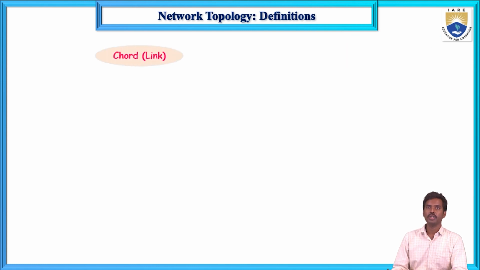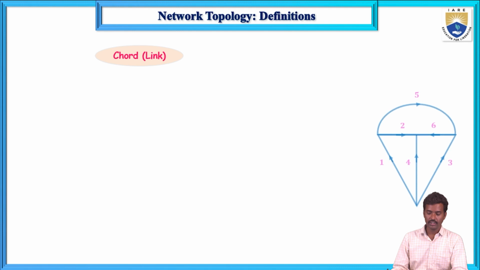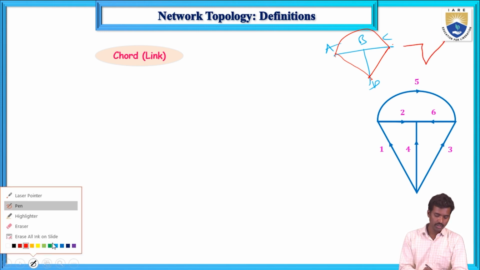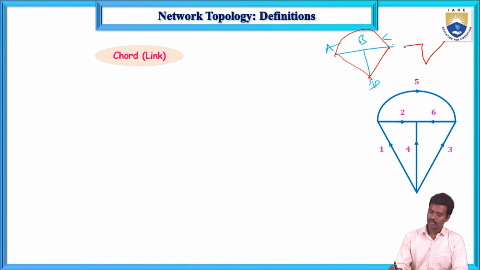Now here third, that is link. So here this is the tree A, B, C and D. Let me change the color over here, red color. And this one is a link, and this is a link. Otherwise if you take this for this tree, so this is the tree, this is a link, this one is a link.